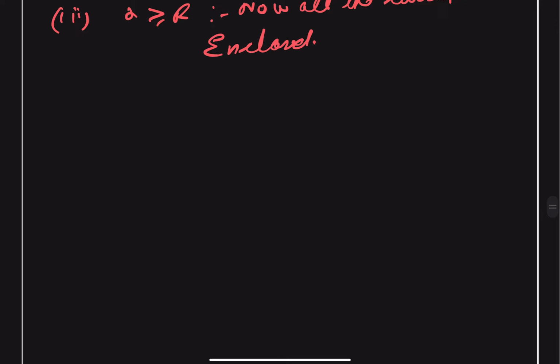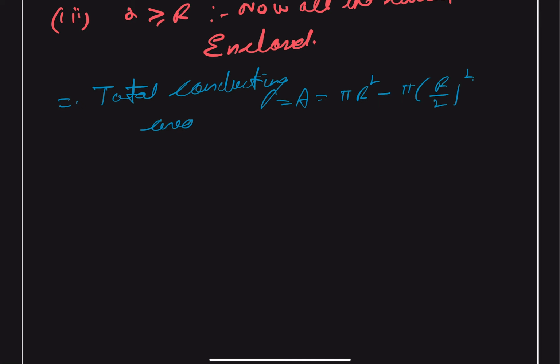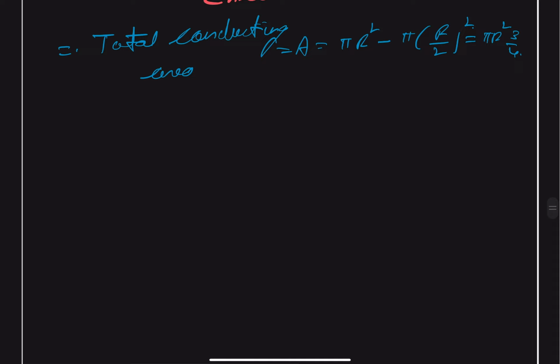Therefore, first of all, we are going to find the total area, and based on this we find out the total current. So you can say total conducting area A is equal to pi r square minus pi r by 2 whole square, and this comes as pi r square 3 by 4.